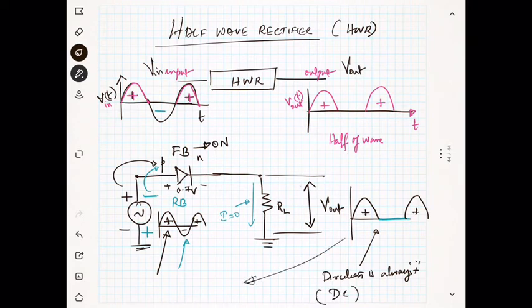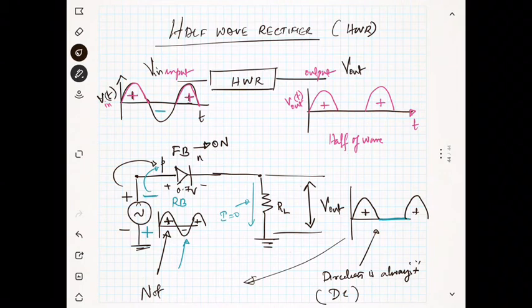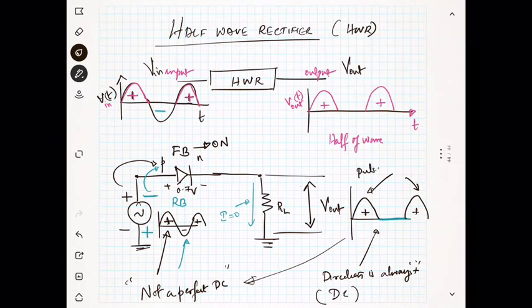We will study how to make a perfect DC later. It is a pulsating DC. It has some pulses, but all these pulses are positive.